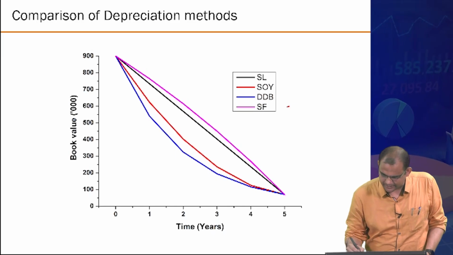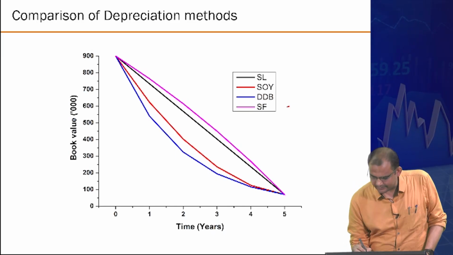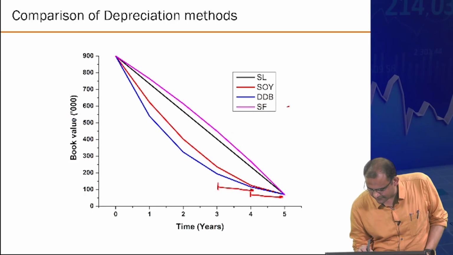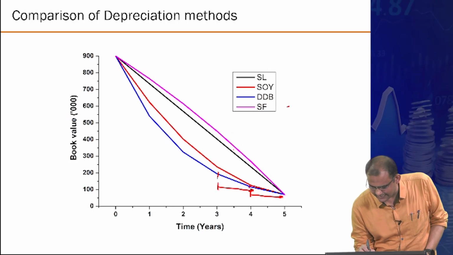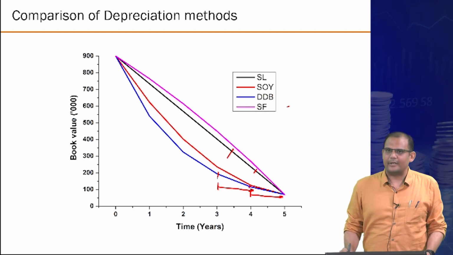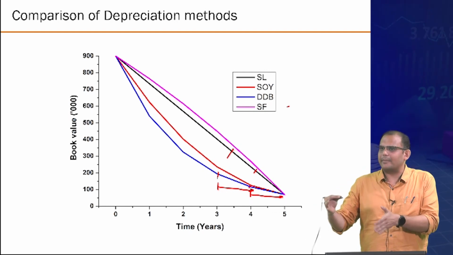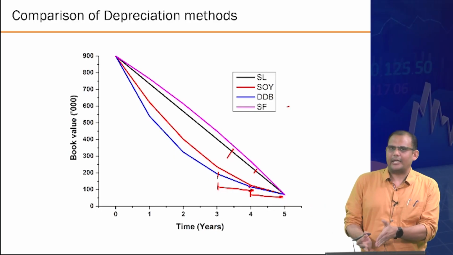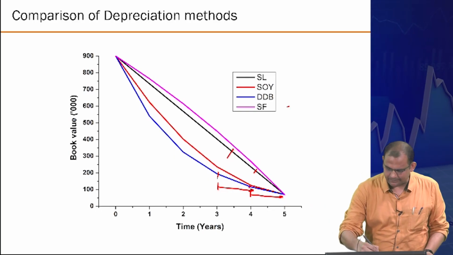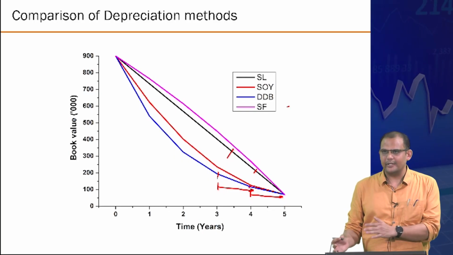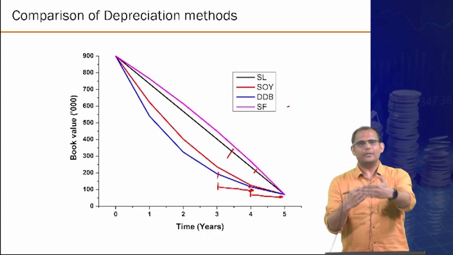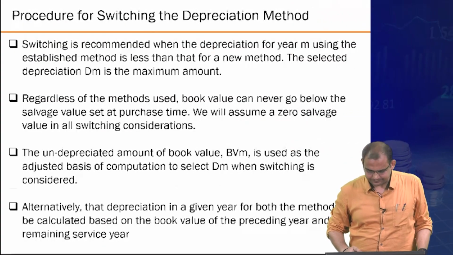In the beginning, there is much more depreciation, but in the final stages, the slope of this is lesser than this value, right? So, in the final stage, the linear method provides you higher depreciation compared to the DDB method. In the beginning, the DDB is much steeper compared to the linear method. So, it makes sense to finally change from DDB to linear. That's the main idea.